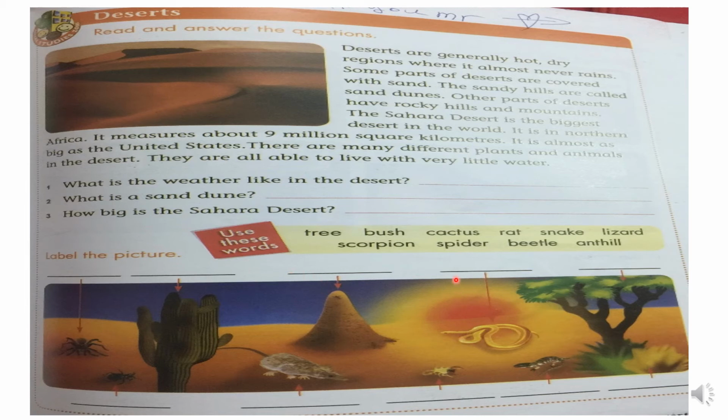Here, snake. And here we have tree, a big one. Small plant, we call it bush. Lizard. Scorpion. What's this? Rat, yes. And here we have beetle. Excellent.